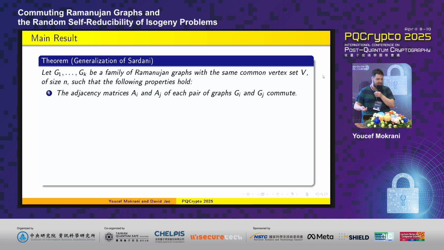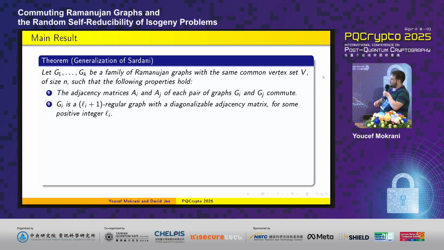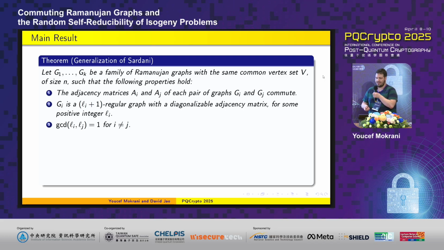This directly comes from properties of isogenies. We need that the graphs are l_i plus 1 regular with diagonalizable adjacency matrices. So long as we have the Codogni-Lido conditions, this will once again hold. We need that the GCD between the different l_i are relatively prime. By just taking the l_i to be prime, this will always hold.